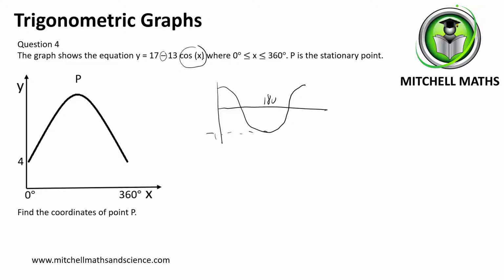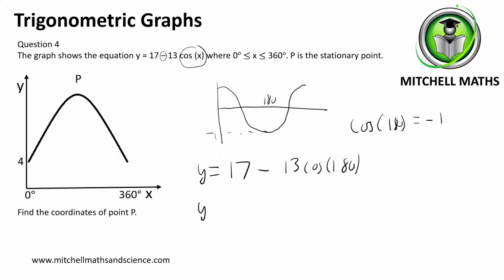So we know when x is 180 degrees, cos x is going to be its most negative value. Therefore, to find the y value, we're going to have y equals 17 minus 13 cos 180. And we've said that cos 180 is -1, which we can see from looking at the graph.